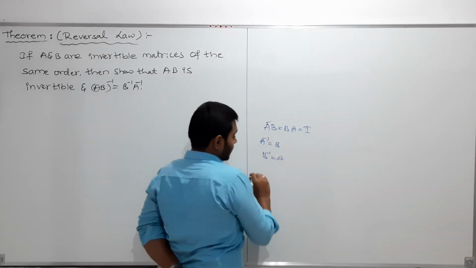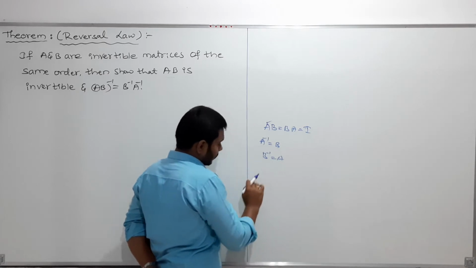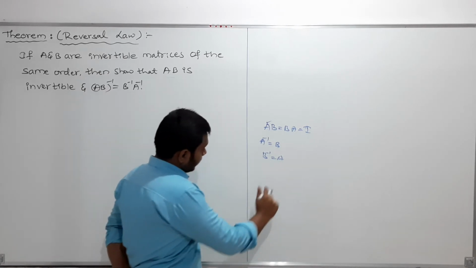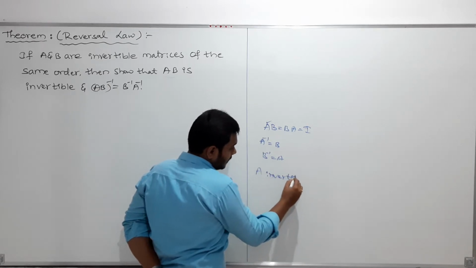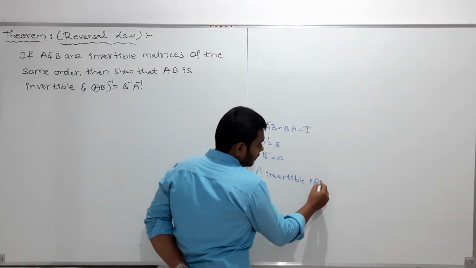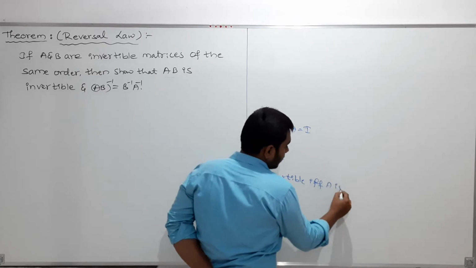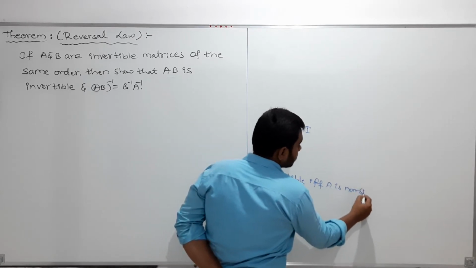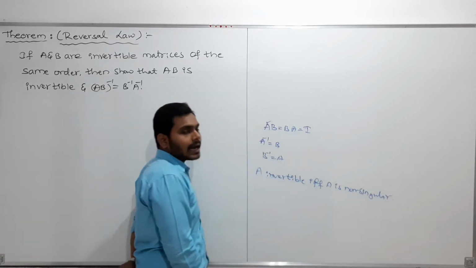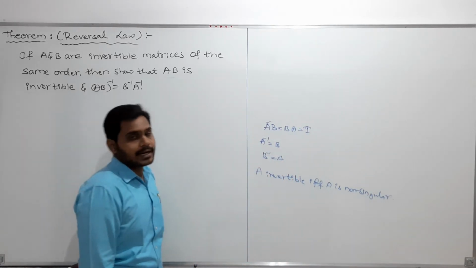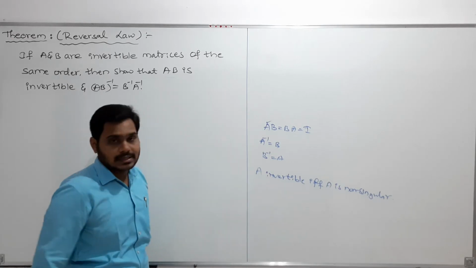In the last class, another thing I told you: A is invertible if and only if A is non-singular. The proof for this I also discussed in the previous videos, so you can refer to my previous videos to prove this result.